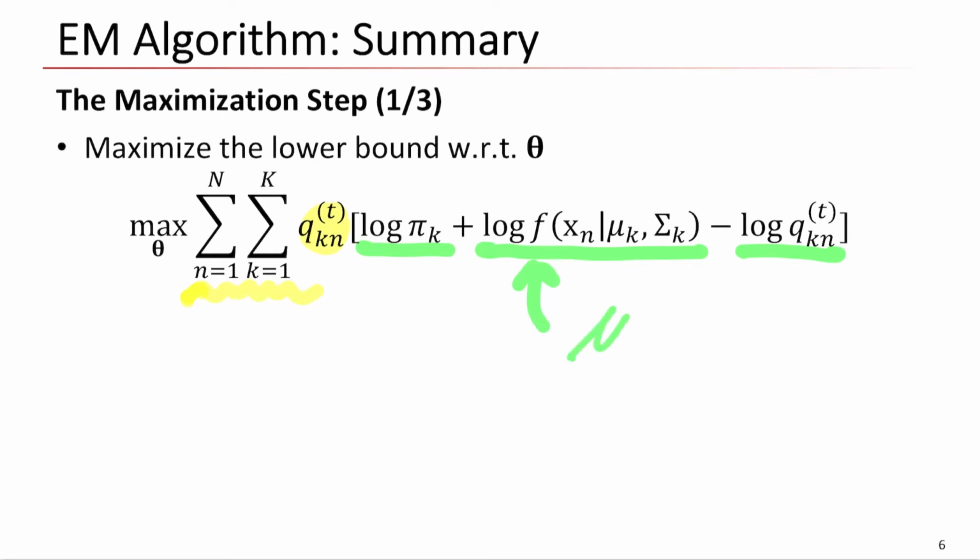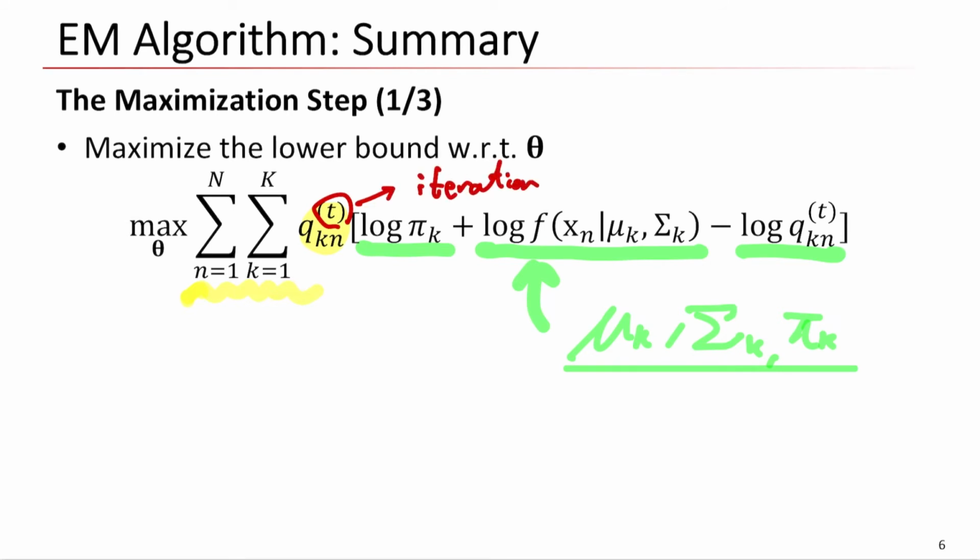This term is only related to pi k, sigma k, and mu k. Then we will find this variable, right? So before that, what is the t? This is the iteration index.